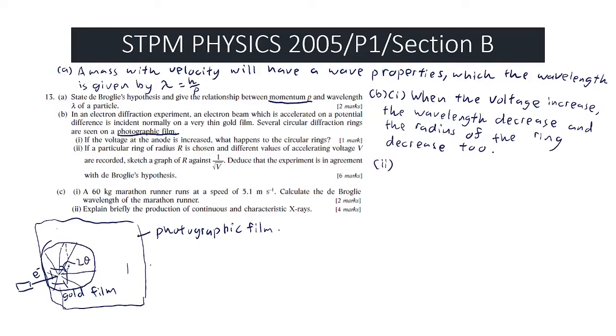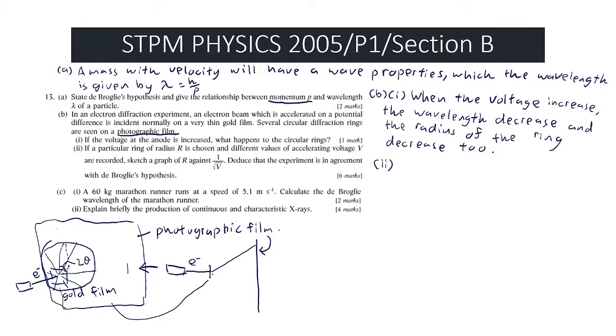So let's draw a 2-dimensional one to look better. This is the electron gun and we have electron beams, and this is the gold film. And behind here we have a photographic film. When this electron beam hits this gold film, they will diffract out.